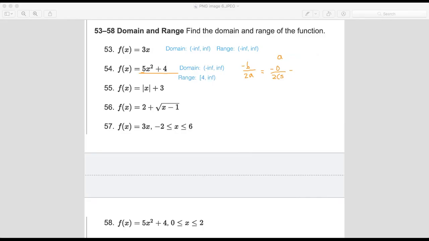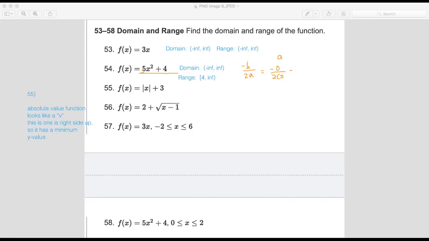Absolute value function looks like a V. This one is right side up, so it has a minimum y value. You're going to be finding the vertex here.